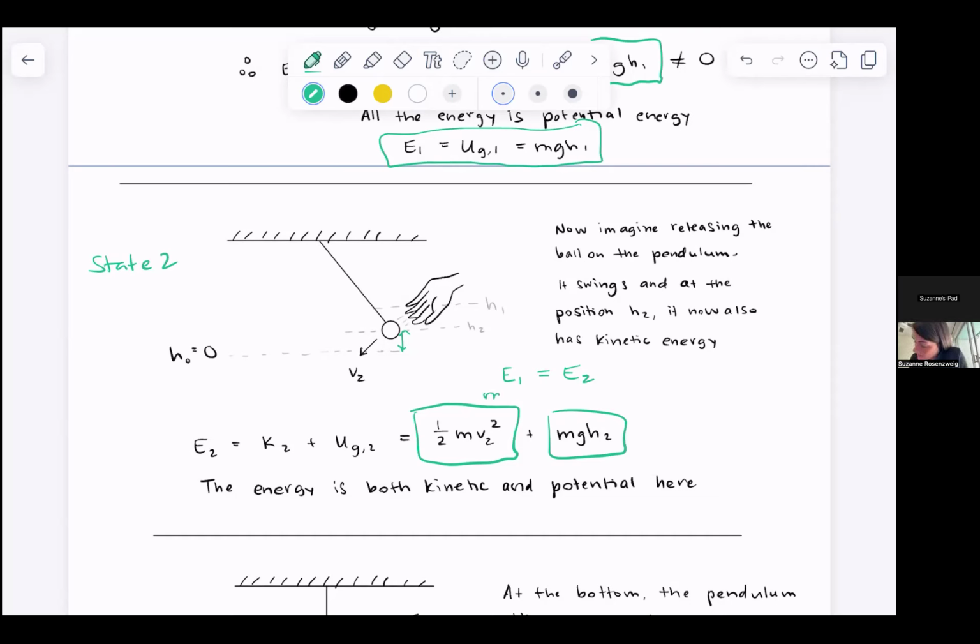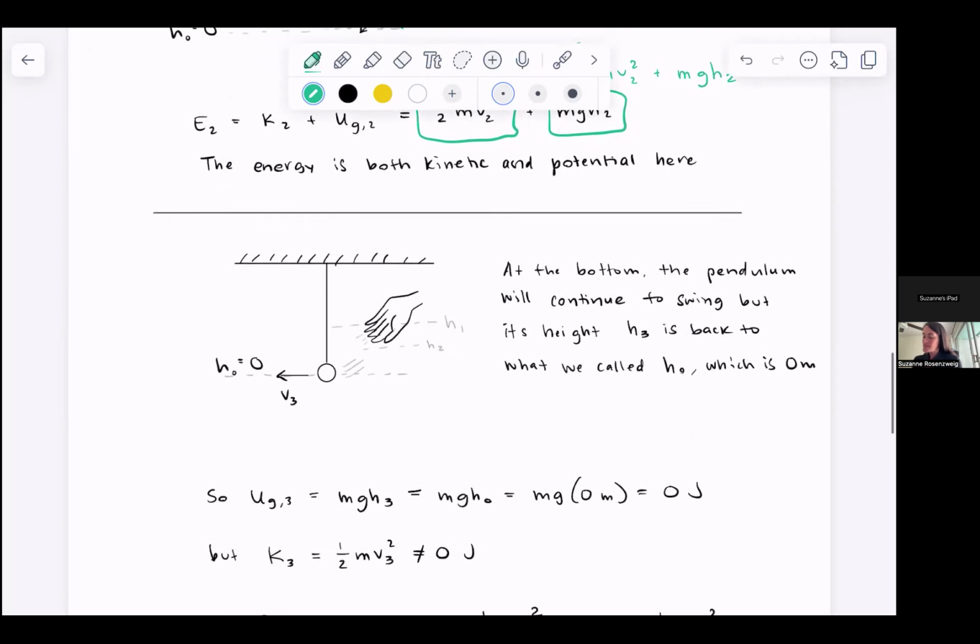So the potential energy in state 1 must be equal to the sum of both the kinetic energy and the gravitational potential energy in state 2. If we knew some of these values, we could solve for an unknown.